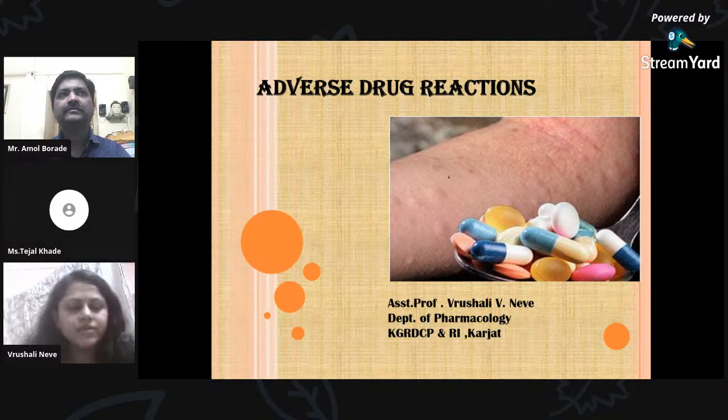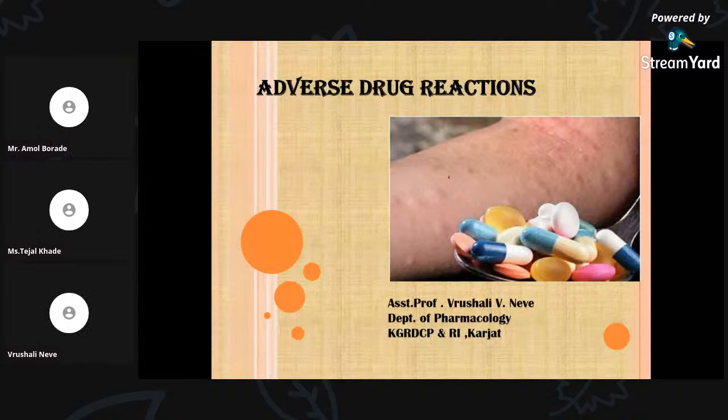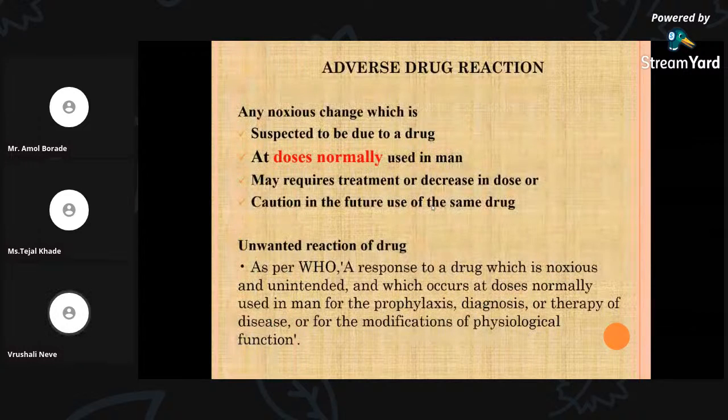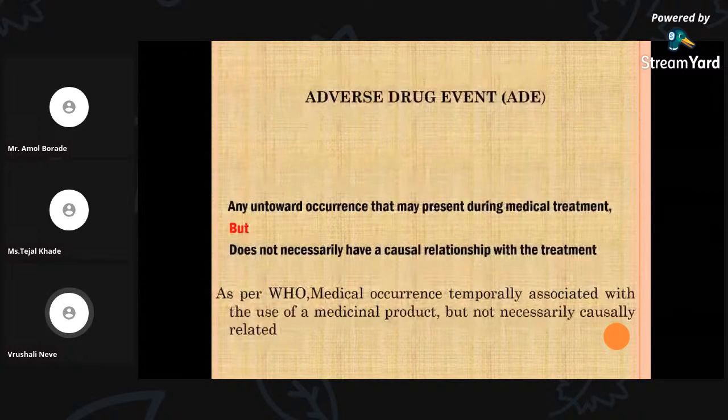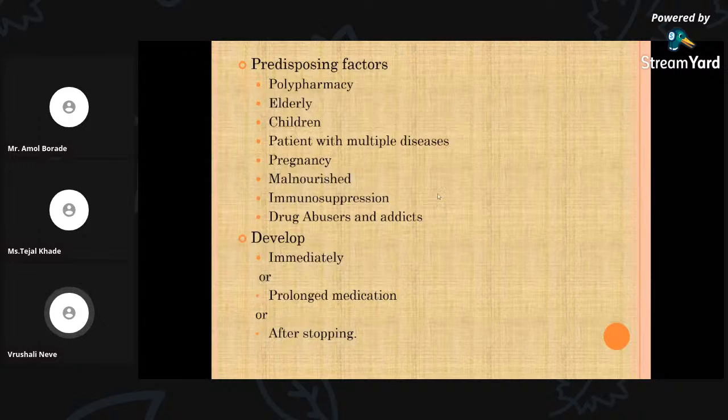So today we will start with the remaining part of adverse drug reaction. Okay, within a second, I am showing the slides. So let us start with the adverse drug reaction. In the last lecture, we discussed the definition of adverse drug reaction, then what is an adverse drug event, then the difference between adverse drug reaction and adverse drug event.